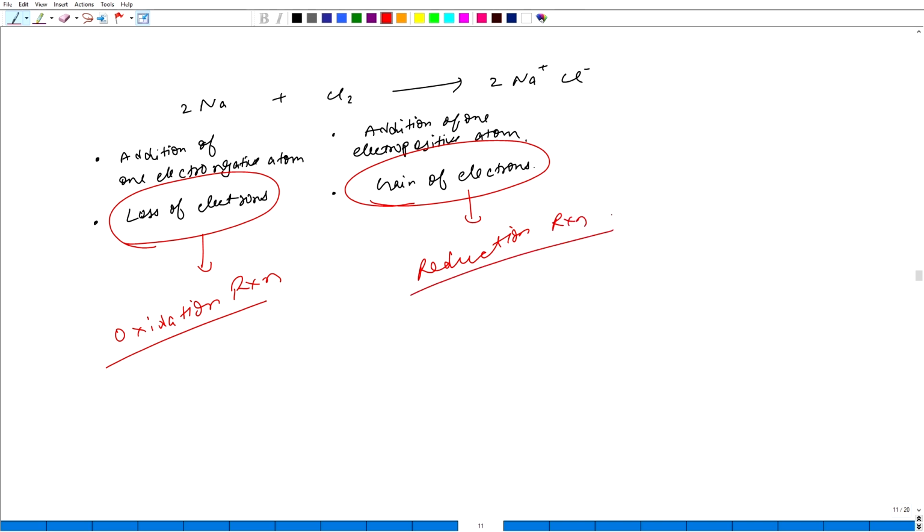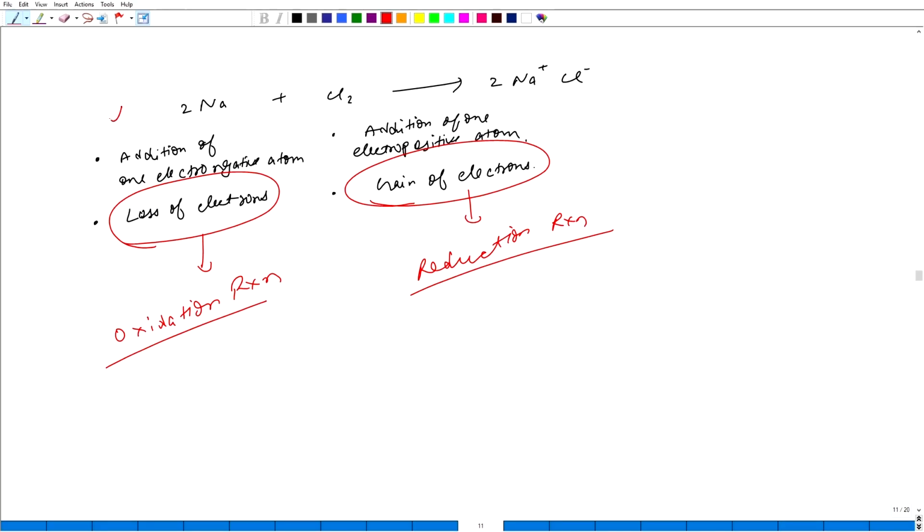Now, please do not confuse why there are so many definitions of oxidation and reduction reactions. It is just to have knowledge from every aspect. If you only know one thing, that is addition of oxygen or addition of hydrogen, that will not be sufficient, because there has been no addition of any oxygen or hydrogen here.